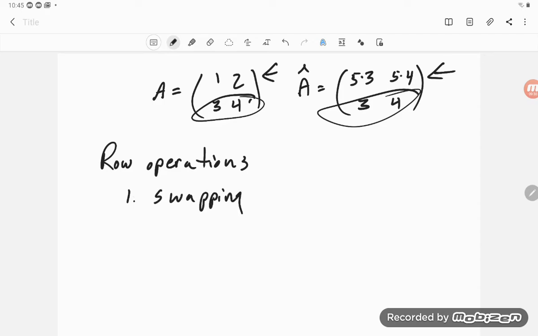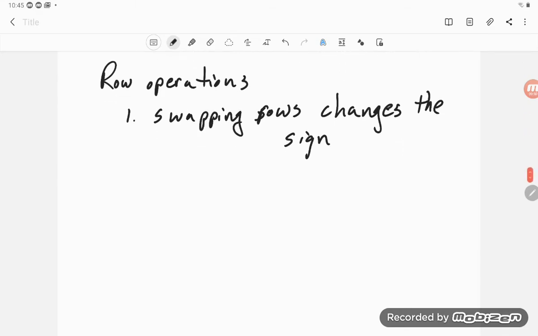Swapping rows changes the sign. Okay, so if I'm doing row reduction on a matrix and I swap 2 rows, the new matrix has a negative of that determinant.